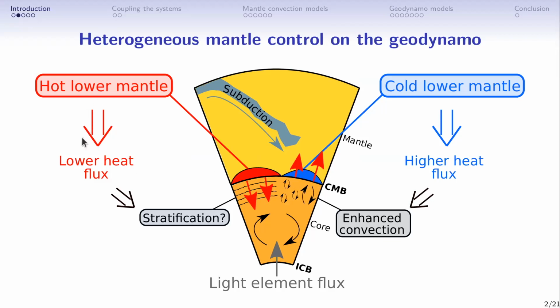The hot regions translate into a lower heat flux, which, if low enough, can imply a stratification at the top of the core, while the colder regions translate into a higher heat flux, which would enhance locally convection in the core. Those effects add up to the main source of convection in the outer core, which is the flux of light element coming from the inner core crystallization.